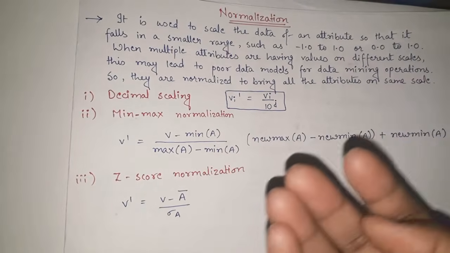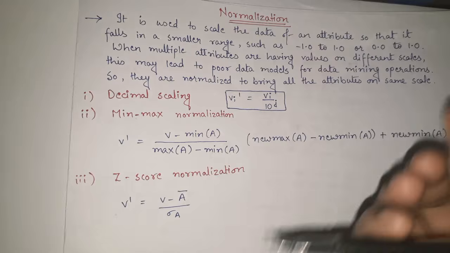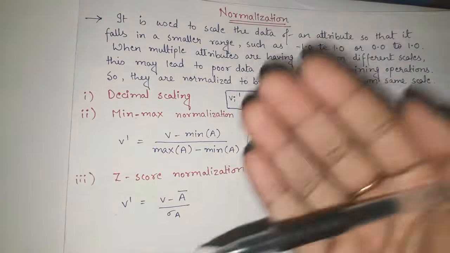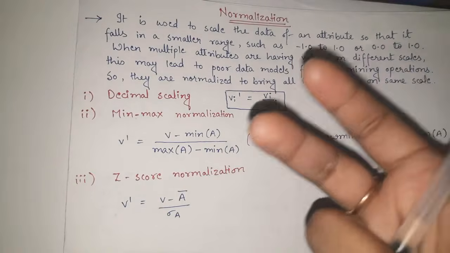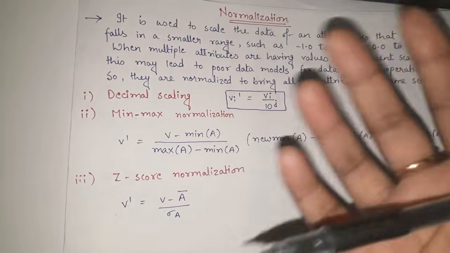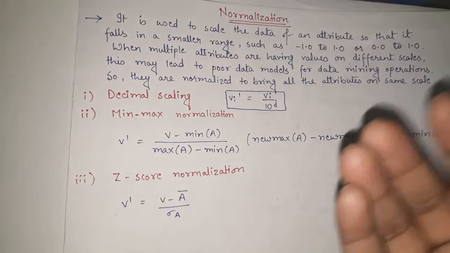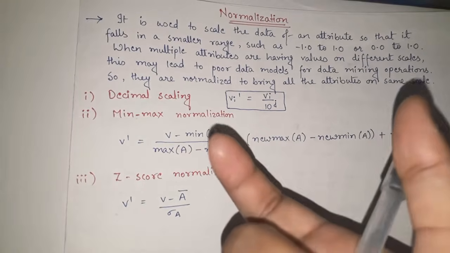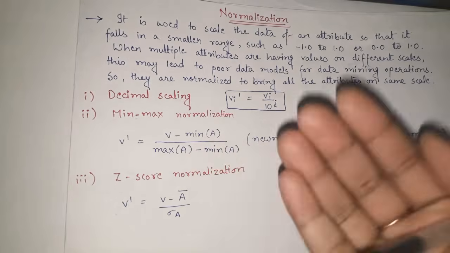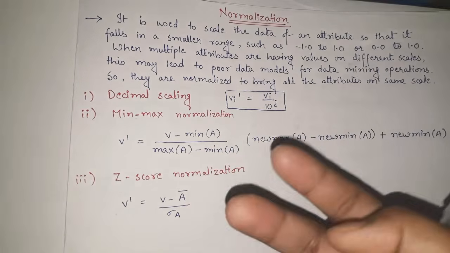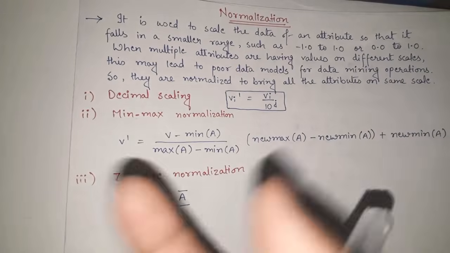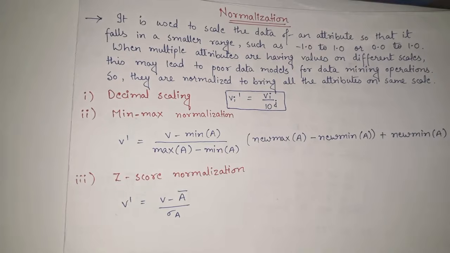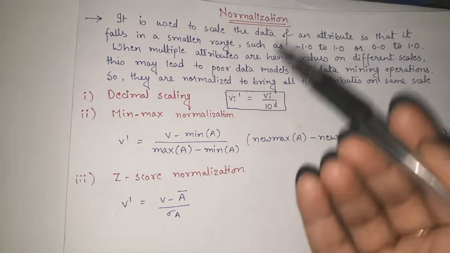But when we take such different scales of data and further process or mine that data, it may cause irregular results. Fine. So it is a good idea to normalize that data into a small, consistent range, and then apply our data mining techniques or whatever further processing on that normalized data, so that it will help us to get a more optimized and correct result. Fine. So this is the main reason that we are doing normalization.